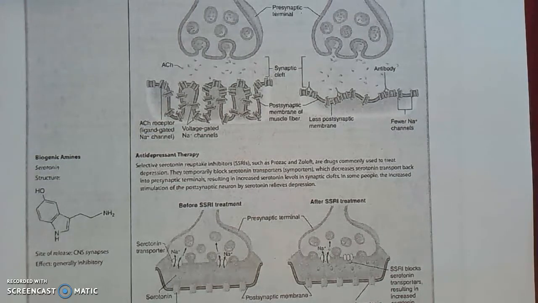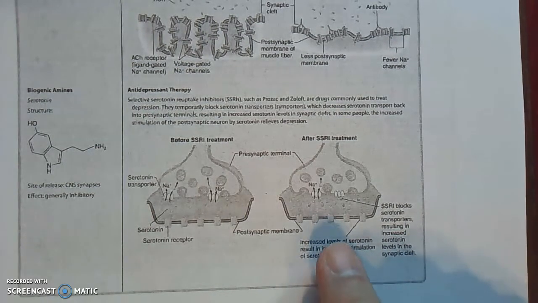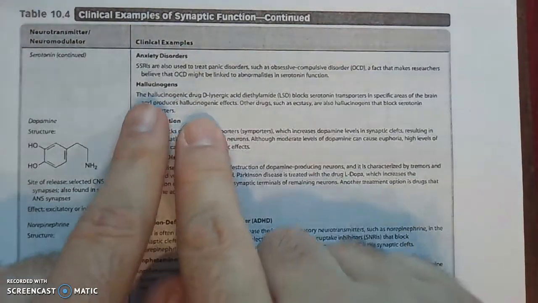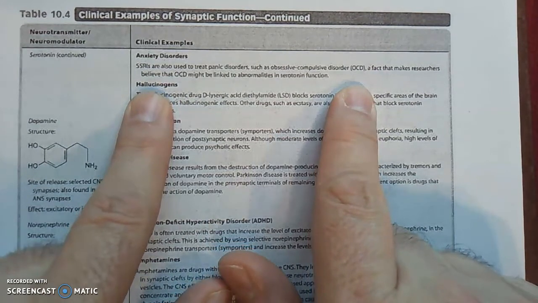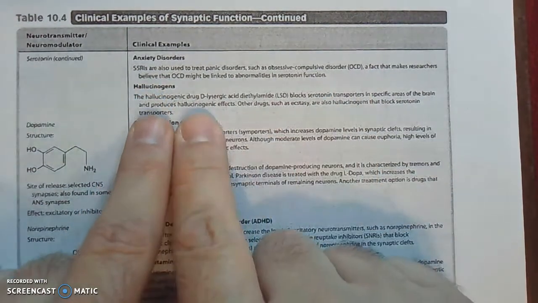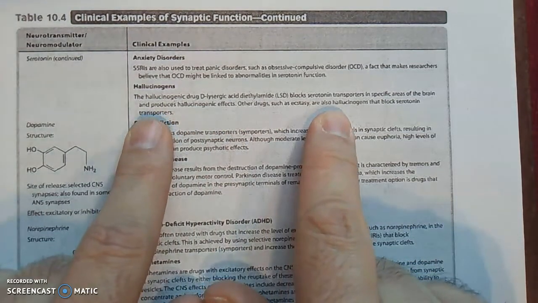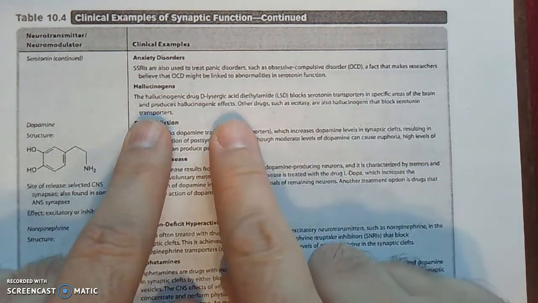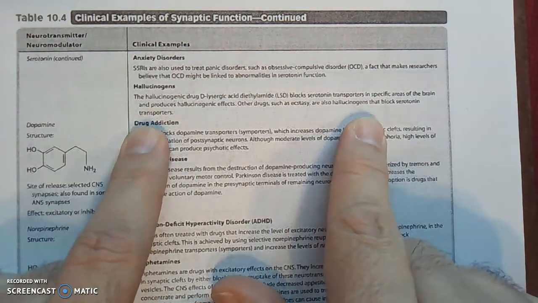This one actually blocks reuptake of serotonin, so it's in that synapse a little bit longer, and it causes more of an effect. It's also used to treat things like OCD, obsessive compulsive disorder. LSD blocks serotonin transporters in specific areas of the brain, and other drugs like ecstasy block serotonin transporters.